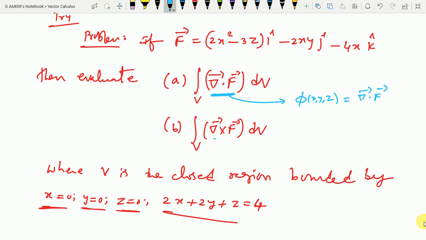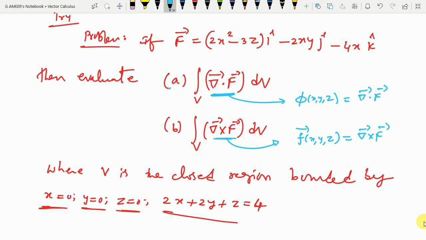Now curl of f, then again I'll get a vector function. Some new function I'll get here, maybe call it small f. It is again in x, y, z. That is del cross f, with components f1, f2, f3. So when I solve this, I'll get an answer in the form of a vector.